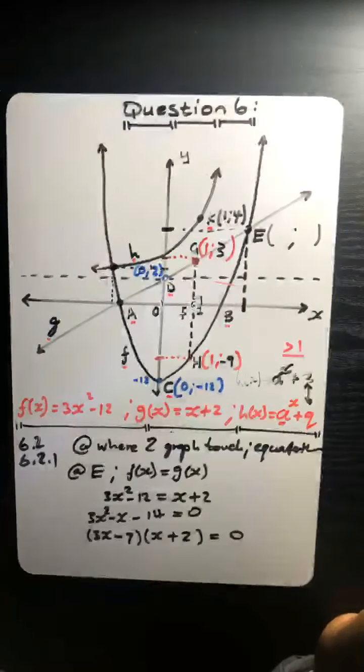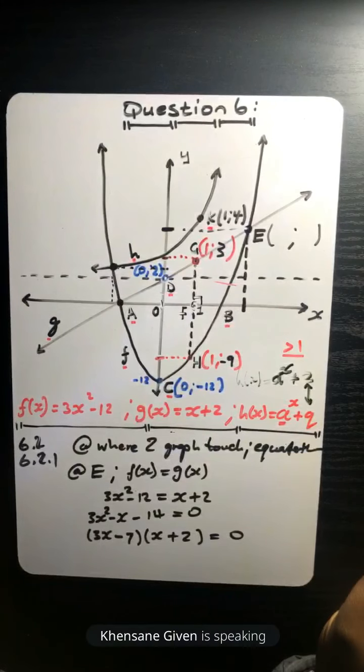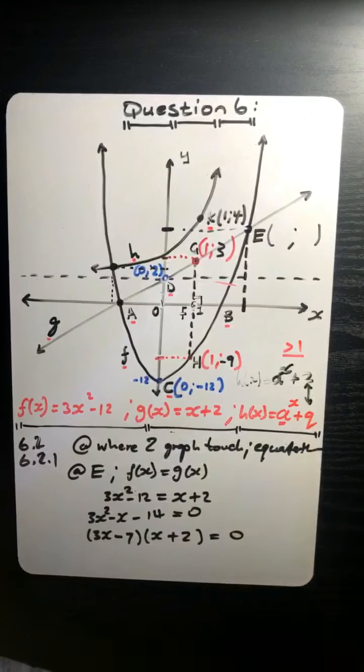So use your head. How do I say it, Kenzani, are you Tsonga? Yes, sir, I'm Tsonga. How do I say you used your head? Utirhise nhloko. Did you guys also use your head, or were you hammering the quadratic formula there?